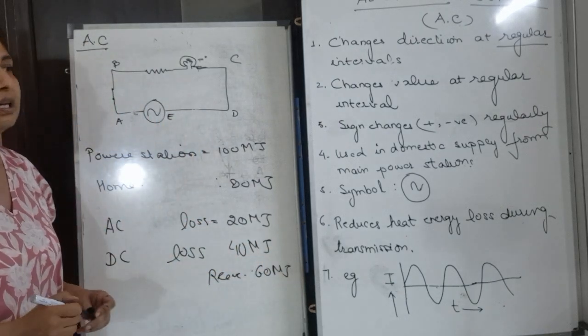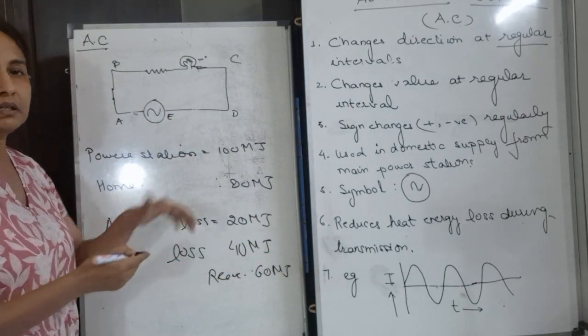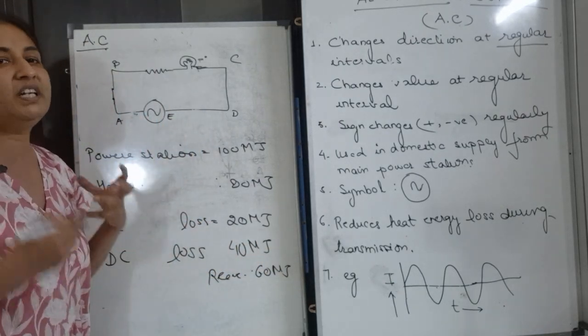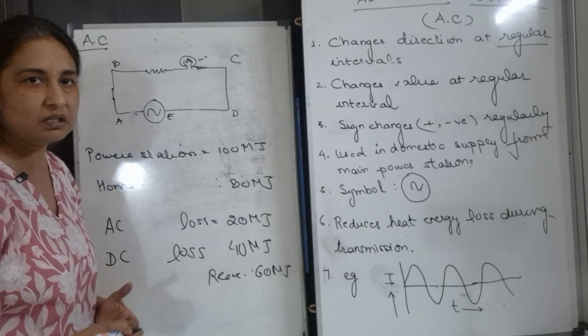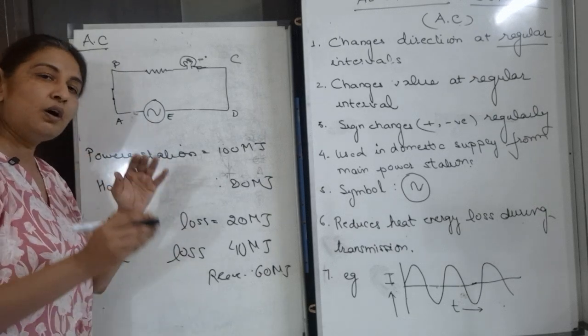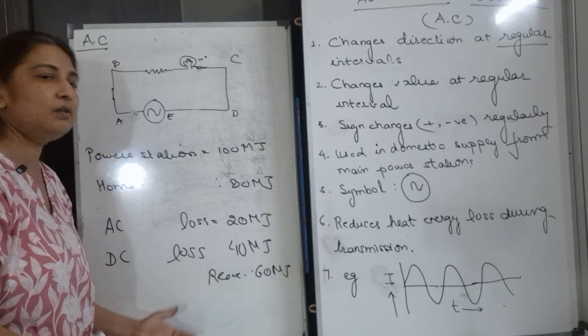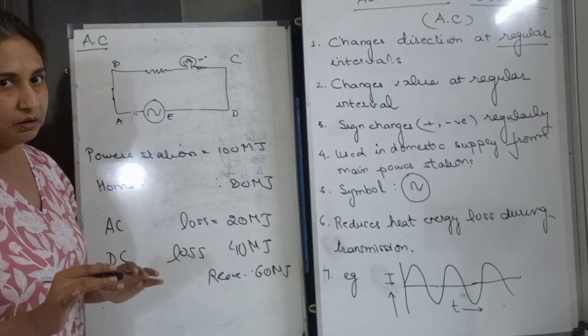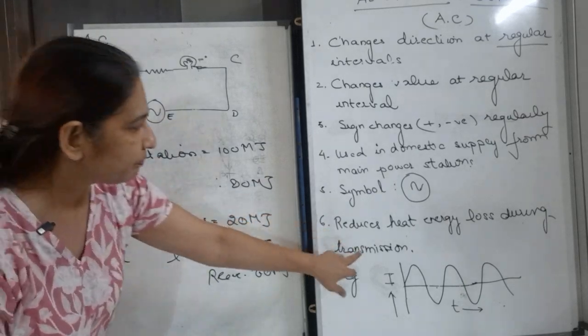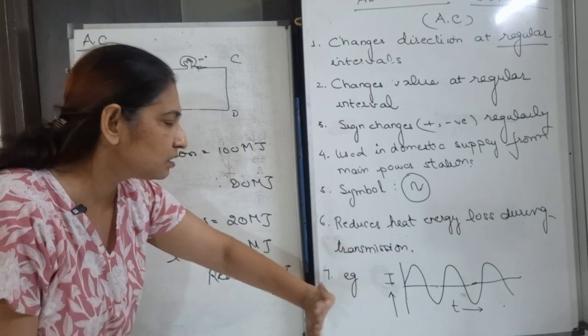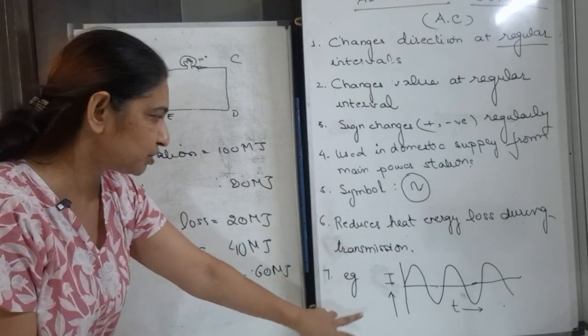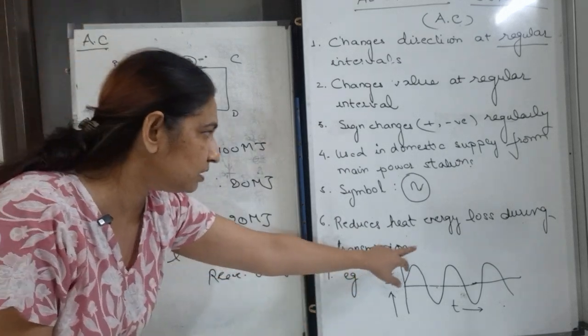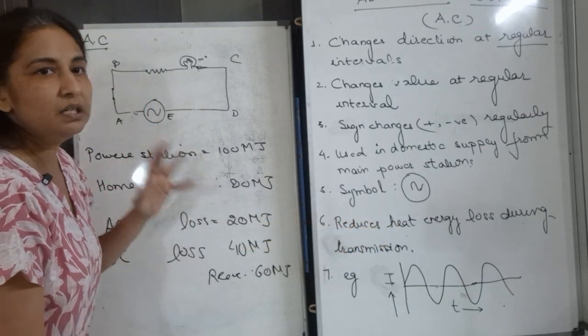All I am trying to say कि अगर हम AC यूज करते हैं during transmission, तो जो हीट प्रोड्यूस होती है, जो लॉस हो जाता है एनर्जी का, वो कम होता है. और लॉस AC में भी होता है, लॉस DC में भी होता है, एनर्जी लॉस. मगर AC में the energy loss is less during transmission. हीट कम बनती है, reduction in the heat energy loss during transmission.